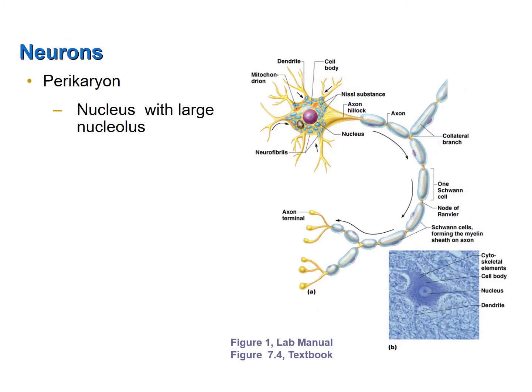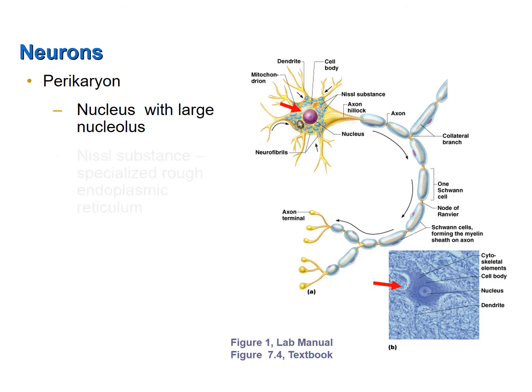In terms of structures that you should be able to identify in the perikaryon, I expect you to be able to identify the nucleus and the nucleolus. They're rather large, and if you recall from the tissues lab, you could very easily see the nuclei of the neurons.